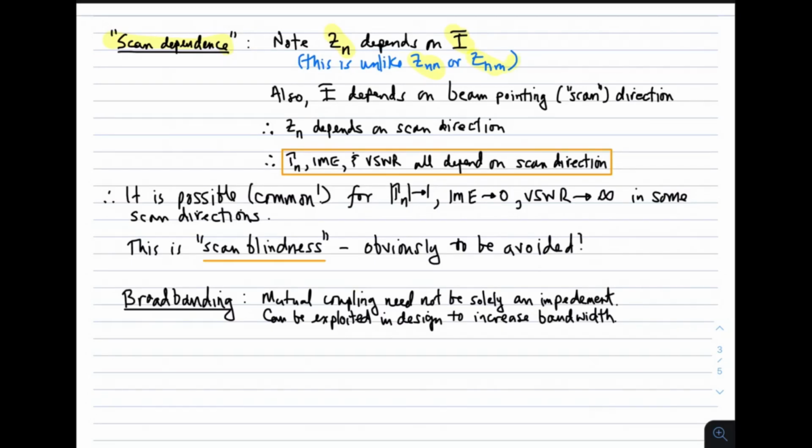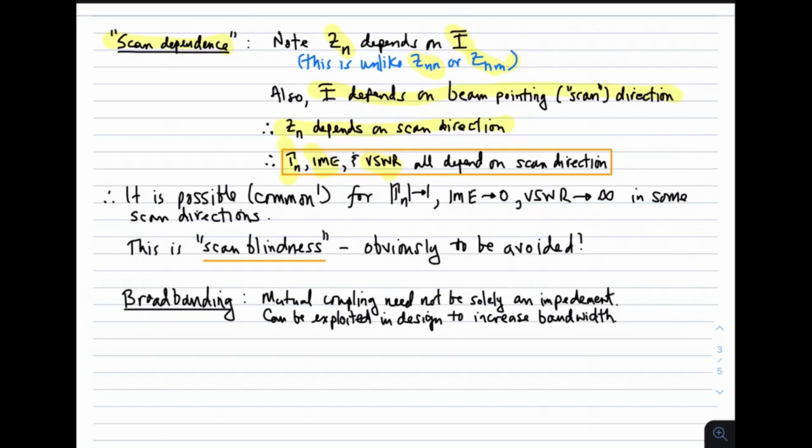So since those active impedances depend on the currents, and the currents depend on the beam pointing direction, right? You'd select those currents to force the beam in a certain direction. Then the active impedances also depend on the pointing direction, which means in turn that the reflection coefficients, the impedance match efficiencies, and the voltage standing wave ratios all depend on scan directions.